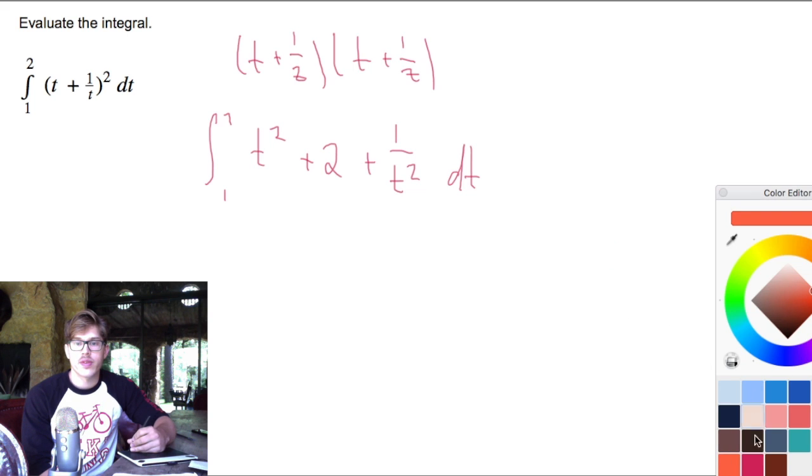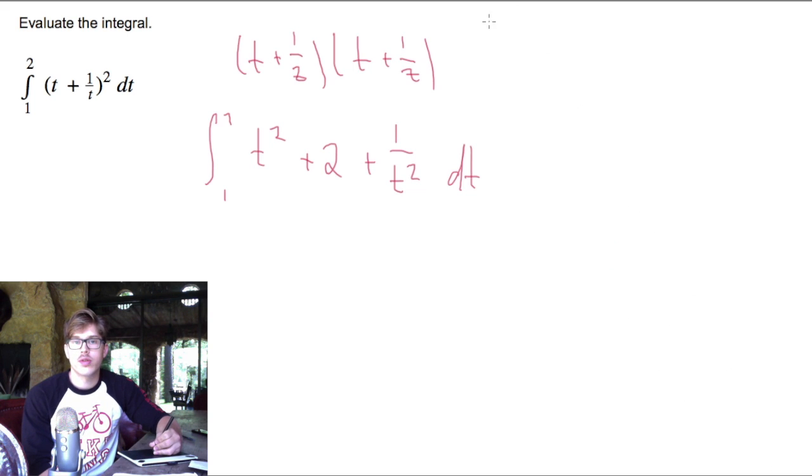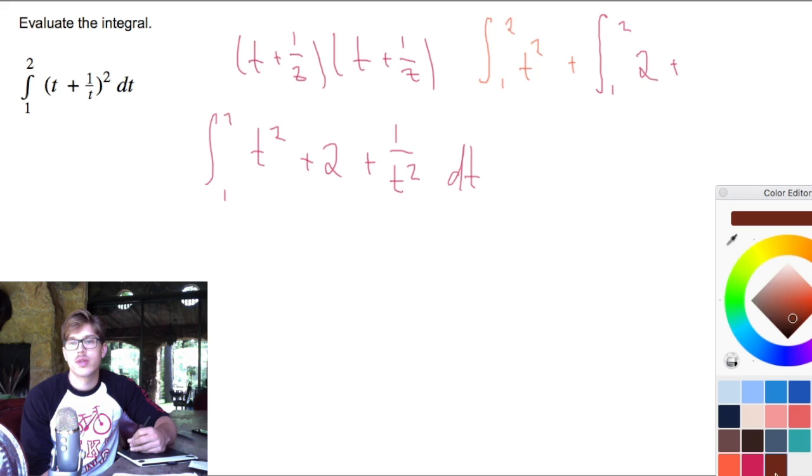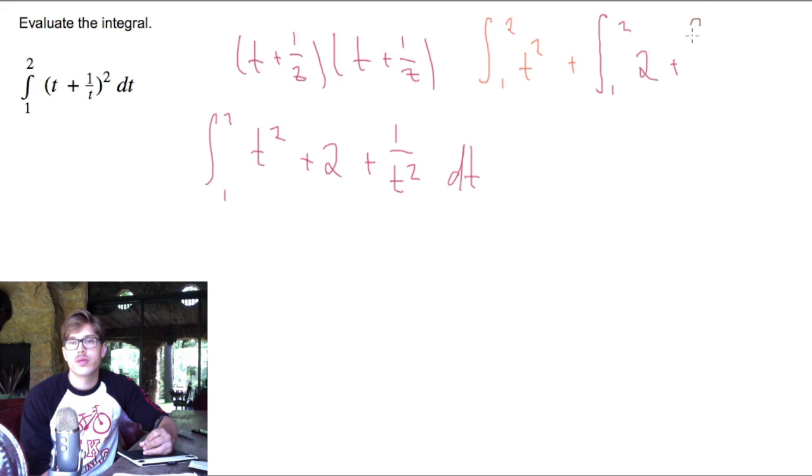So if we do that, we'll have the integral from 1 to 2 of t squared, plus the integral from 1 to 2 of 2, plus the integral from 1 to 2 of 1 over t squared.